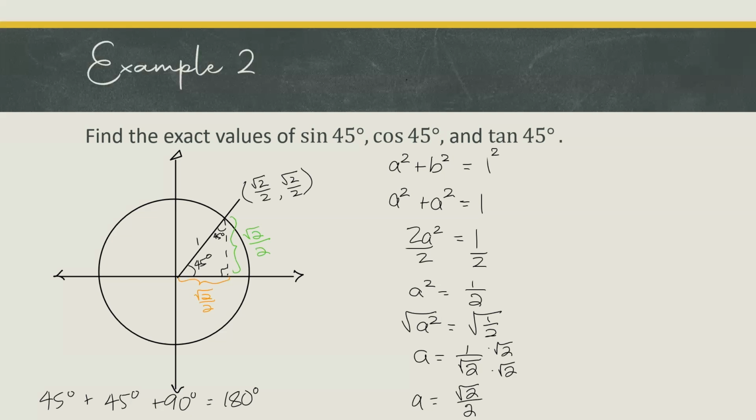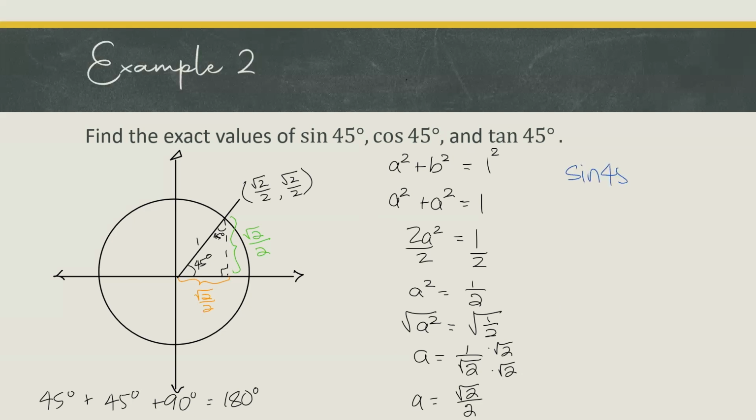So the question asks me for sine, cosine, and tangent of these angles. And now that I know the lengths of these two sides, so imagining that I did not know the coordinates here, just from the triangle perspective, I can use the Pythagorean theorem and what I know about geometry to figure out the lengths of those sides. And then I can use these definitions.